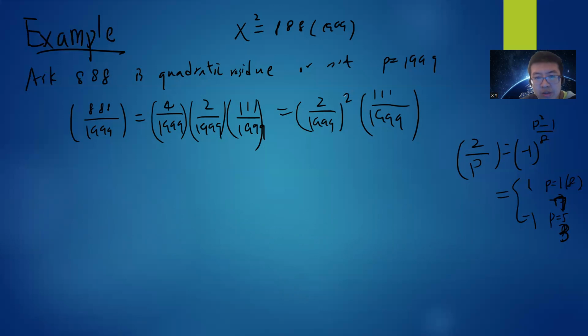Sorry, this is a cube because this is squared and this is squared and times this, so cube. And I think this 1999, let's see, if I take 1999 squared minus 1 and divide by 8, what should I get?